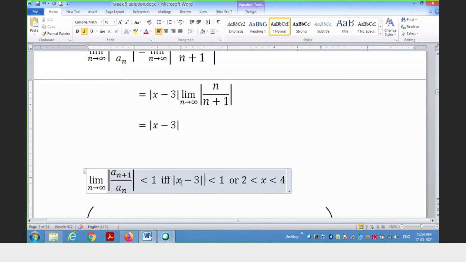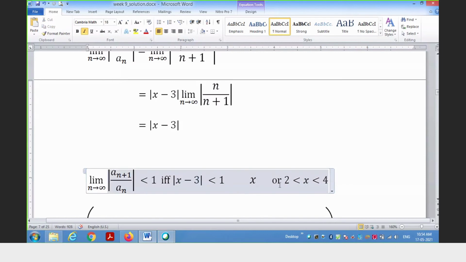Let me explain here. From here it means x minus 3. I put x minus 3 on everything.